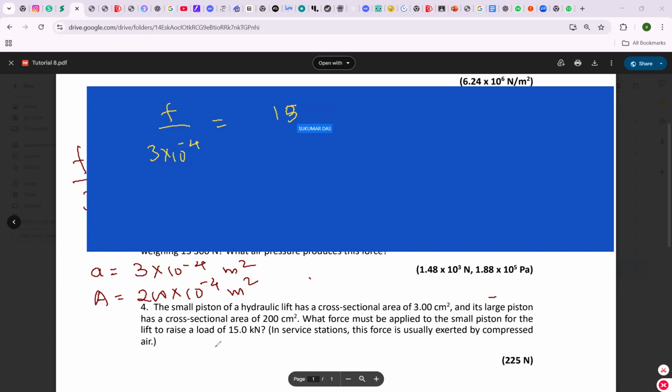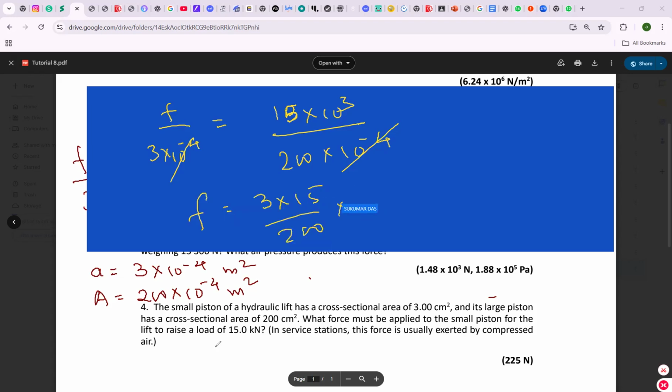So 15 times 10 to the power 3 divided by 200 times 10 to the power minus 4. Anyhow, this will cancel out. So f is equal to 3 times 15 by 200 into 10 to the power 3. Without a calculator, it is 3 into 150 by 2, that means 75. I'm getting exactly this answer without a calculator.